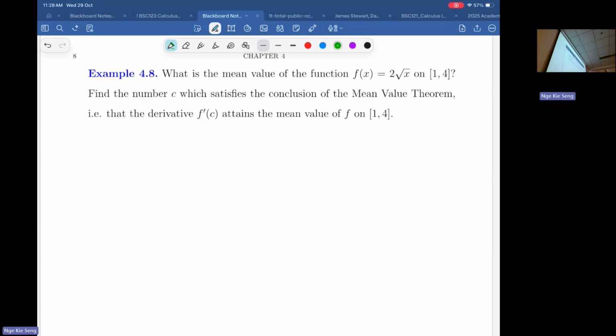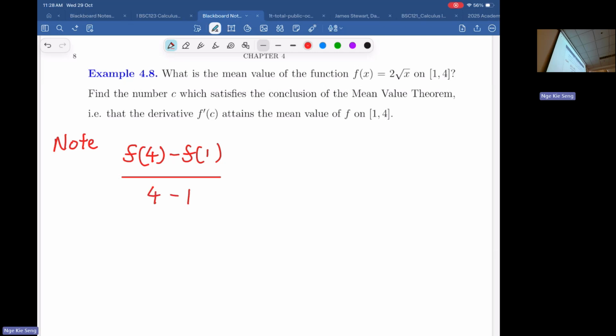So first, let's learn how to find the mean value. What's the mean value here? Just now we said that the mean value of f is the ratio of the difference in the value of f at the endpoints against the difference in x.